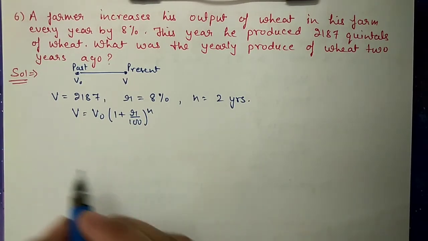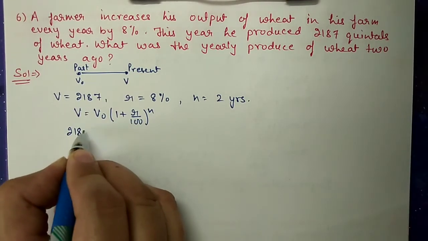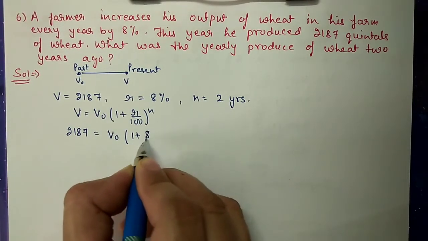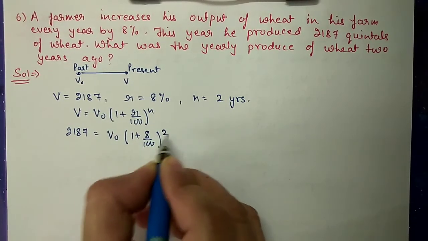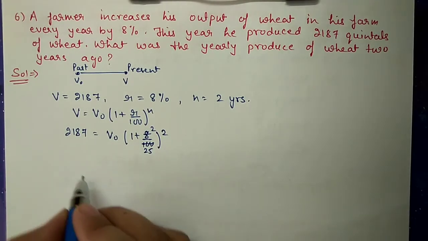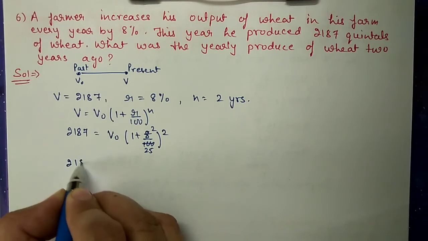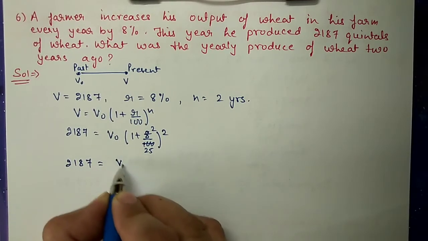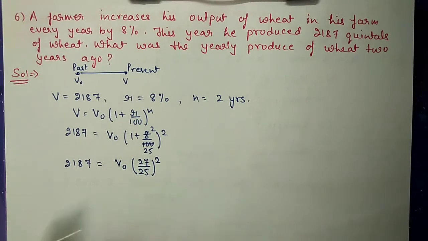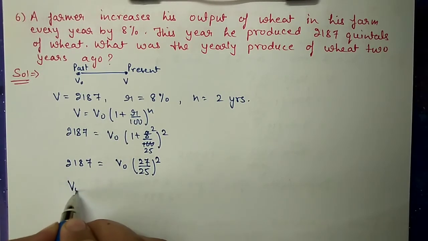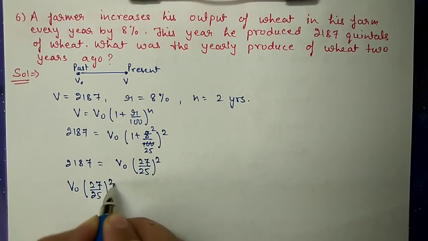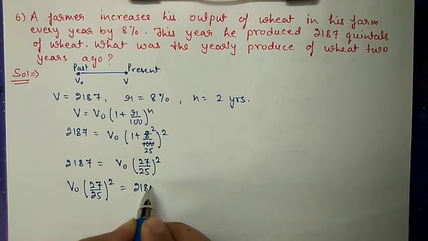Substitute values here: 2187 is equal to V naught times 1 plus 8 by 100 to the power 2. 4 2s are 8 and 4 25 times will go into 100. After taking LCM, we will get 27 by 25 to the power 2. We can write it like this also: V naught times 27 by 25 to the power 2 is equal to 2187.